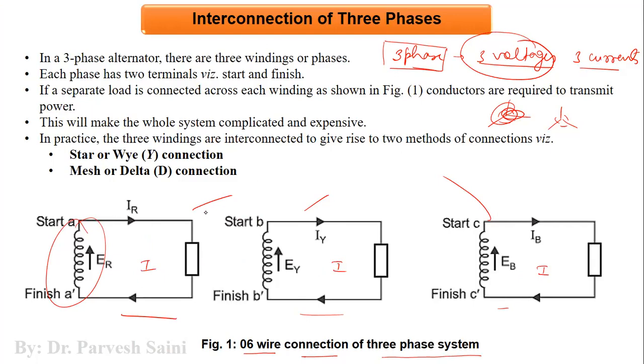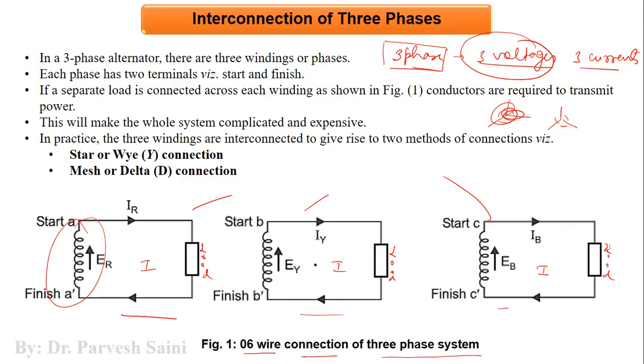Now this is a disadvantage to the system which is used in this particular manner, because in this particular arrangement of the windings and coils and load, this is load basically here. So that means we are using more number of wires, more number of conductors.